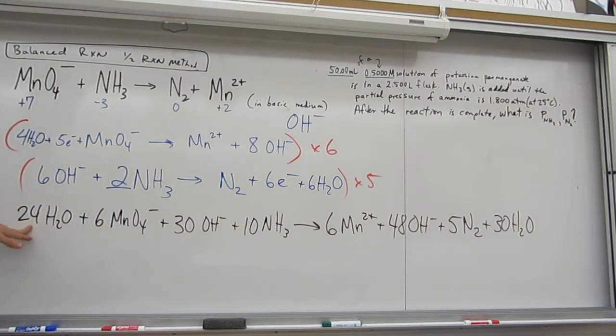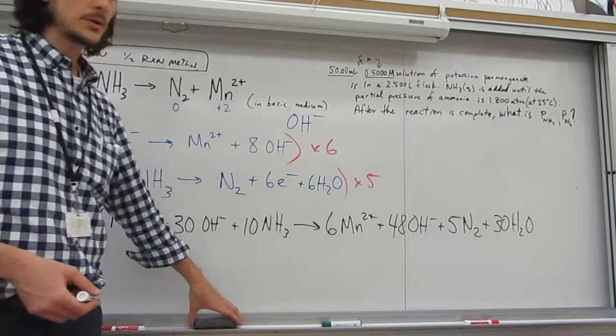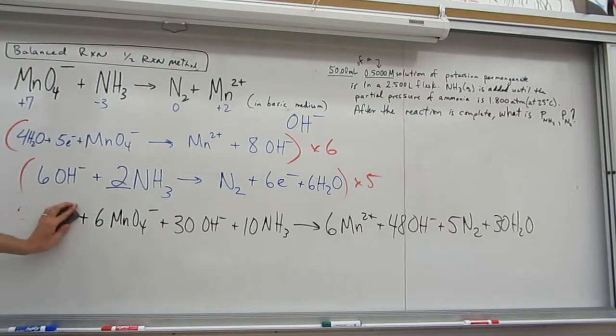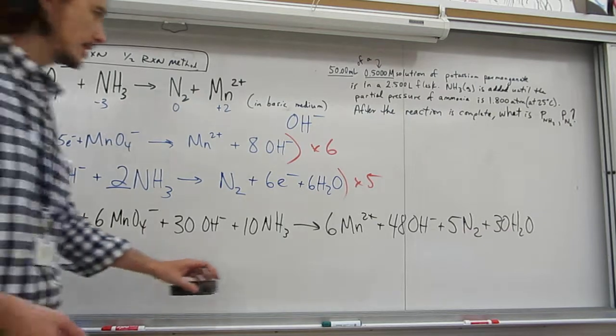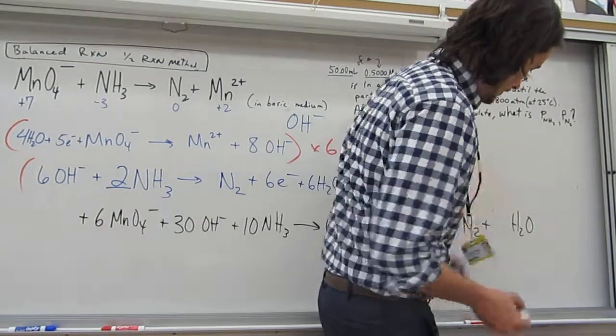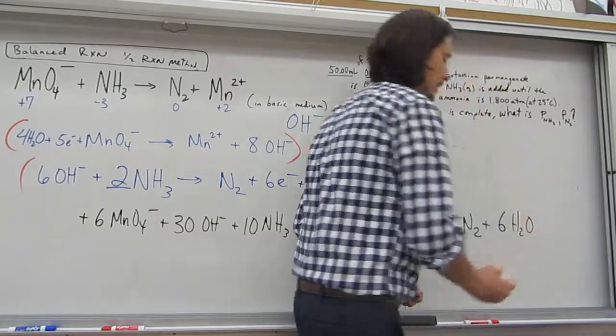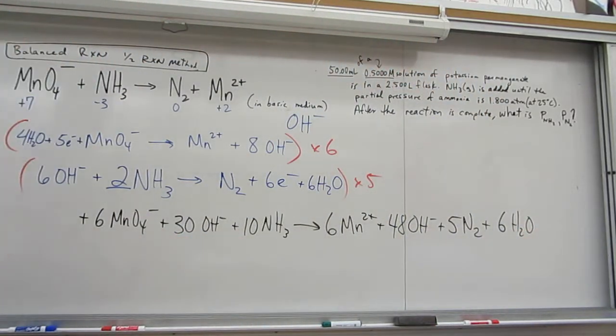And we see that water does. We've got 24 waters on the reactant side and 30 waters on the product side. So I'm going to get rid of 24 waters on each side.